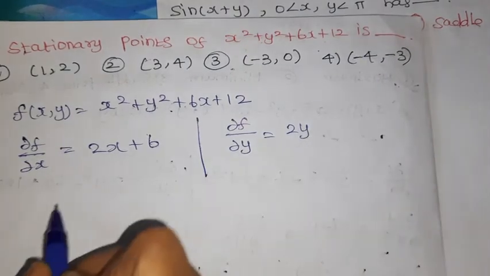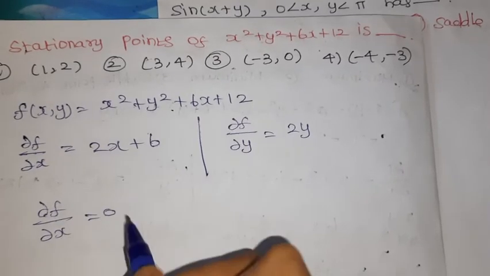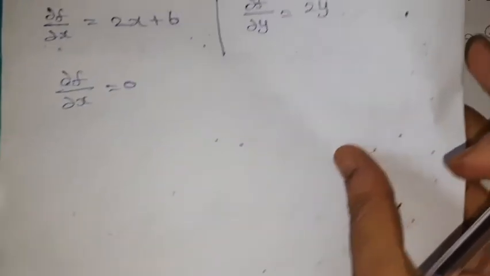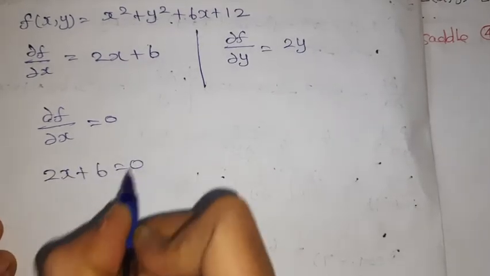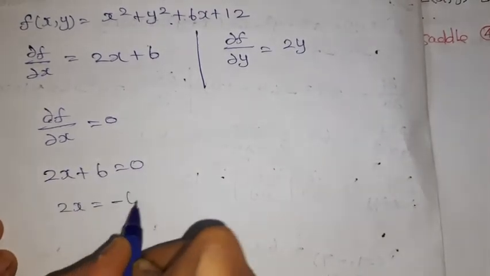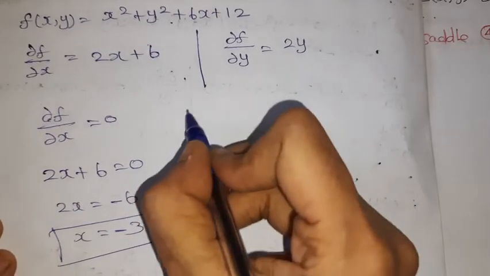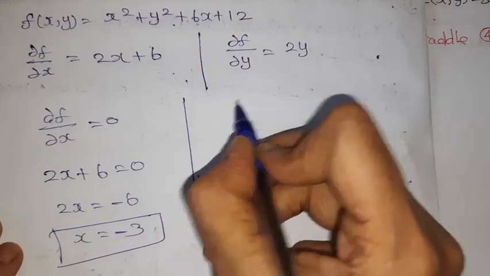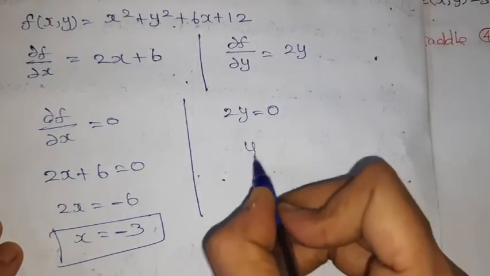To find out the stationary point, dou f by dou x equal to 0, which is 2x plus 6 equal to 0, 2x equal to minus 6, x equal to minus 3. So this is one point. Then dou f by dou y is nothing but 2y. 2y equal to 0, then y equal to 0.